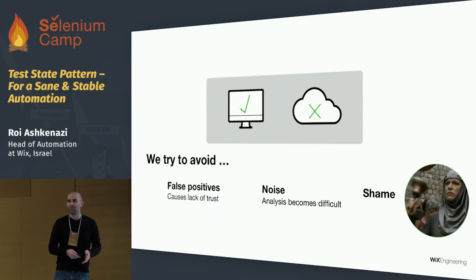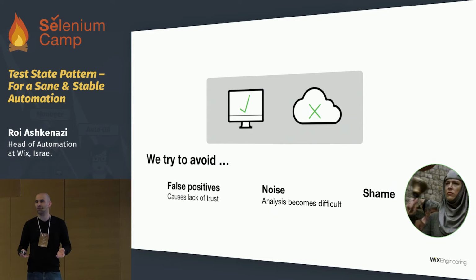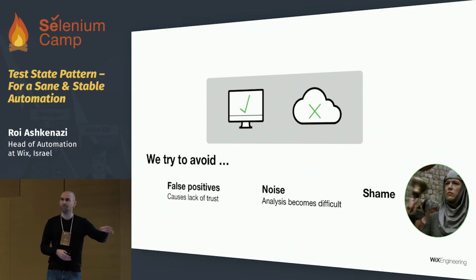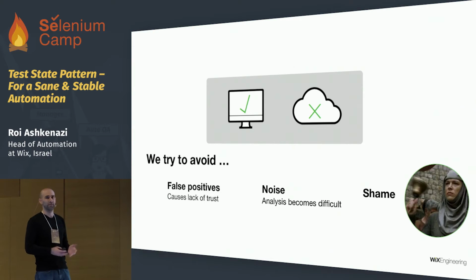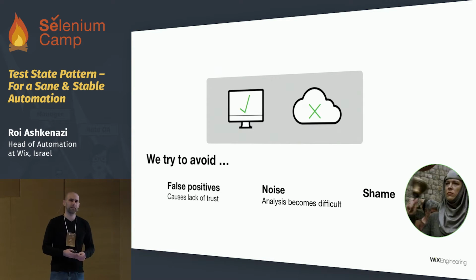This is what we call false positive, of course, and it reduces the amount of how we trust the tests. And if you write a test and it's not stable, then we don't trust it anymore, and we say, OK, this is the test which always breaks. And it's, of course, really not good. It causes a lot of noise in the analysis, especially when we have thousands of tests.